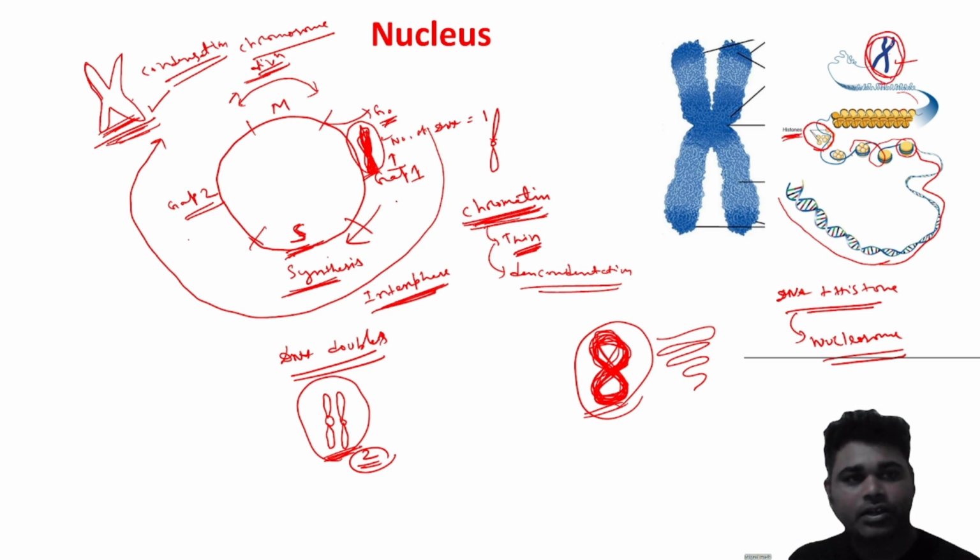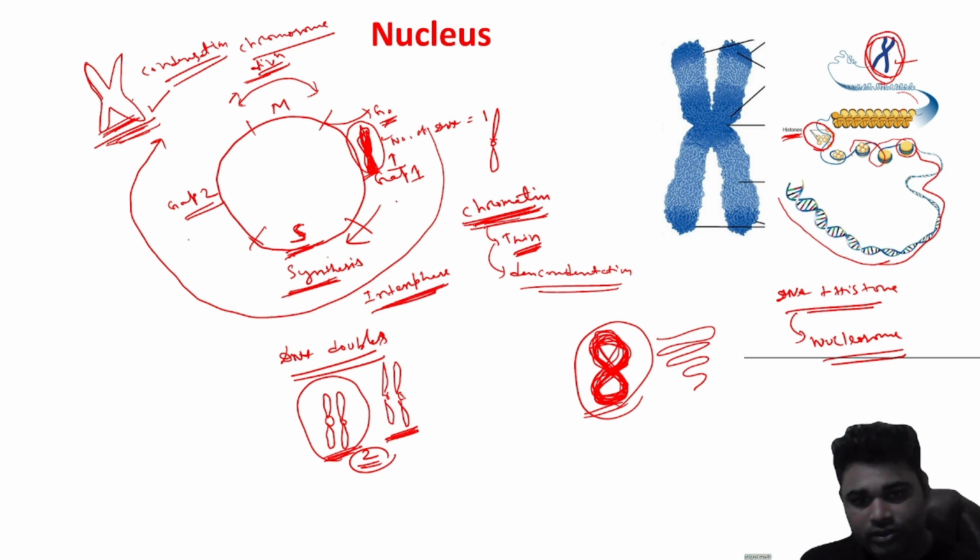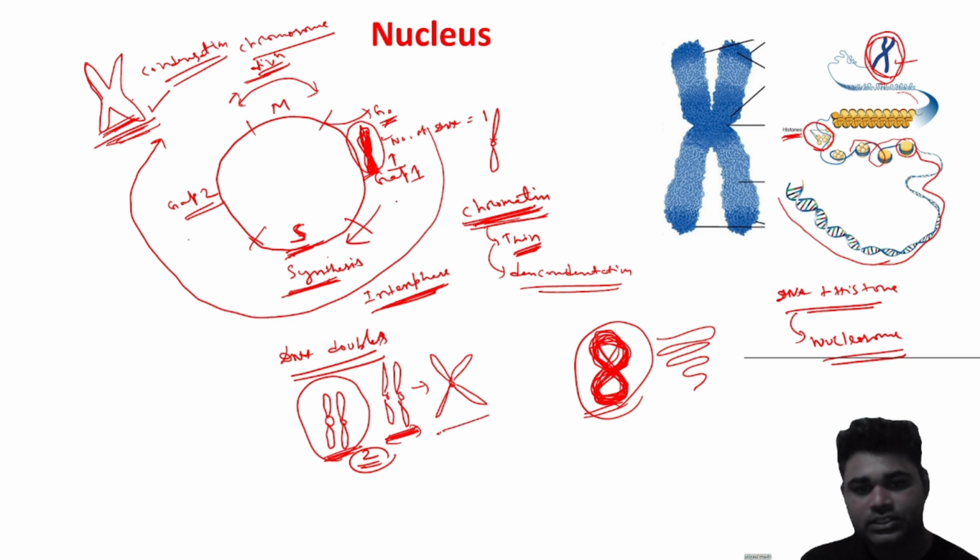So what is the double structure? Because in the synthesis phase, another chromatin structure, or another DNA, is synthesized. So now these two chromatins are joined together. Now it forms like this. In the book, you know this structure, and this is called the chromatin.